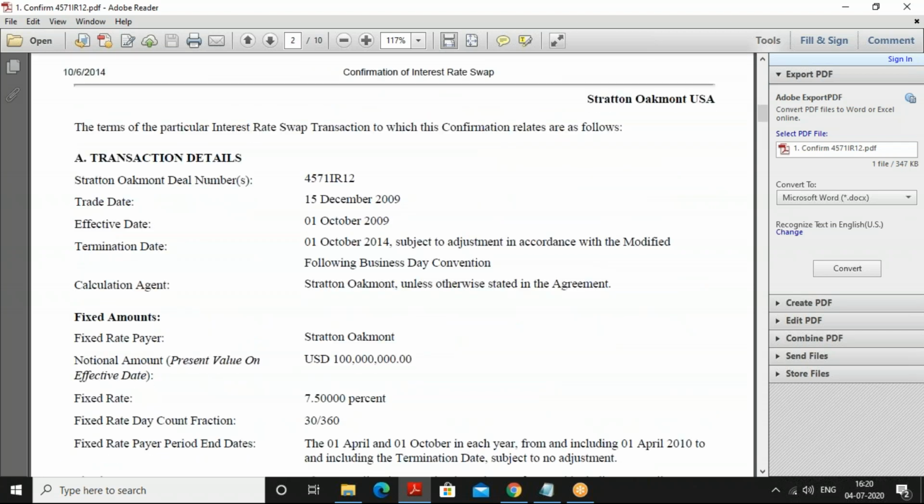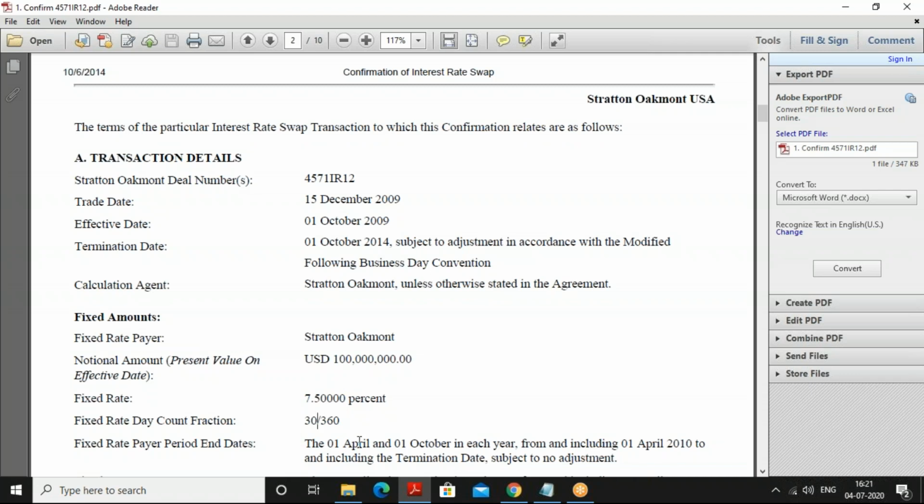Now look at this. The second page gives us the details of the transaction: trade date, effective date, termination date, and the notional value is USD 100 million. The fixed rate is 7.5%. The fixed rate day count convention is 30 by 360. You guys remember we talked about all of this.